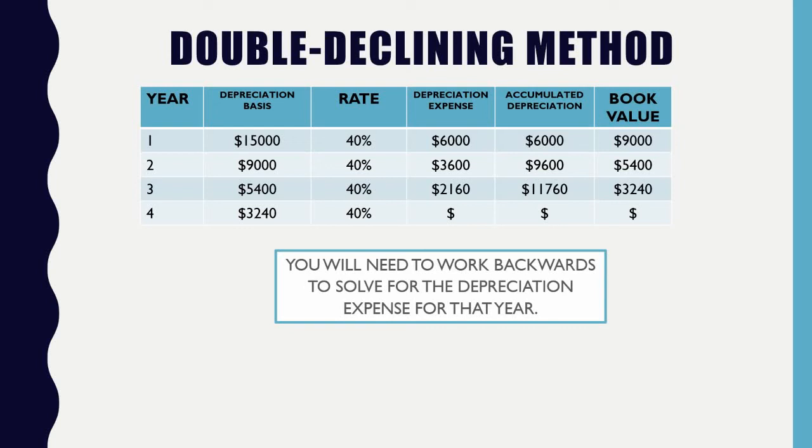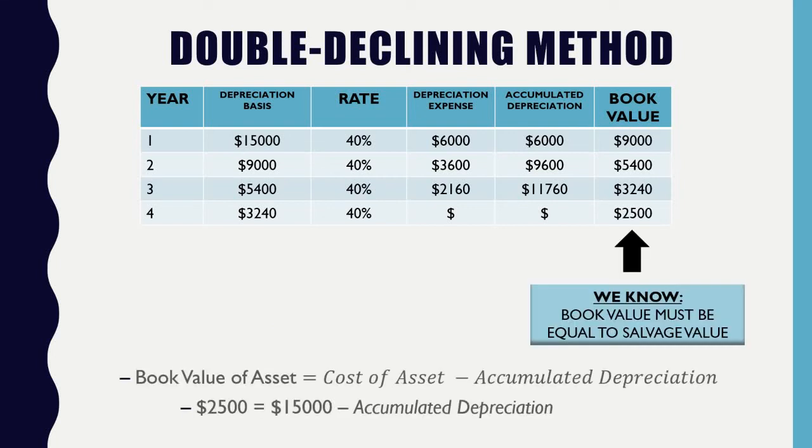Now, I have to know that my salvage value must equal 2,500, right? My formula for book value is my asset cost minus my accumulated depreciation. In this case, my asset cost was 15,000 minus X is equal to 2,500.